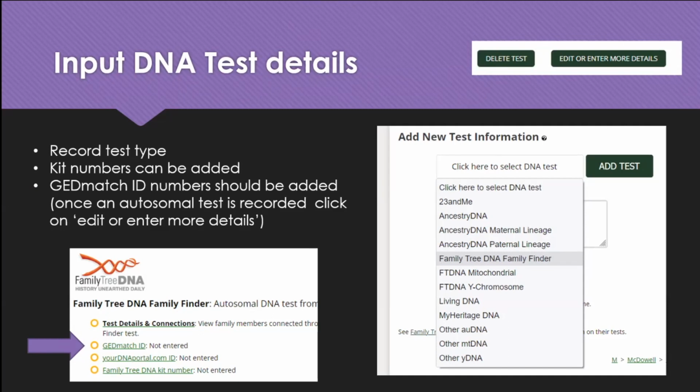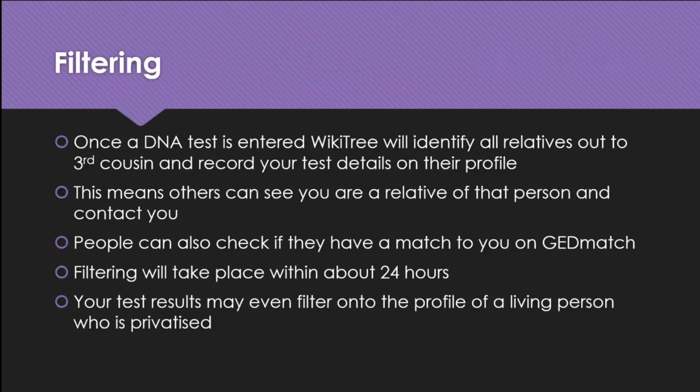And that's why kit numbers for Family Tree DNA can be handy. On GEDmatch, again, putting in your ID number, that allows people then to see if they have a match with you.